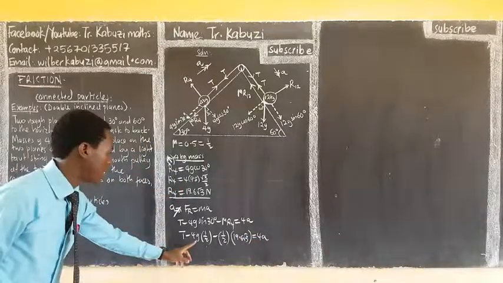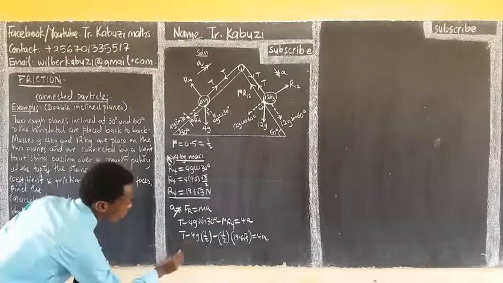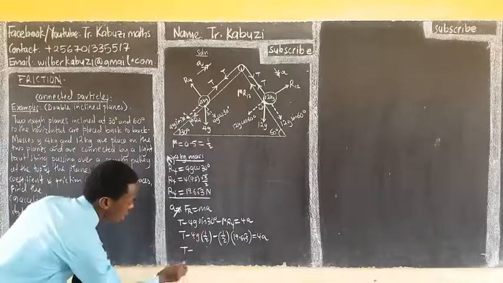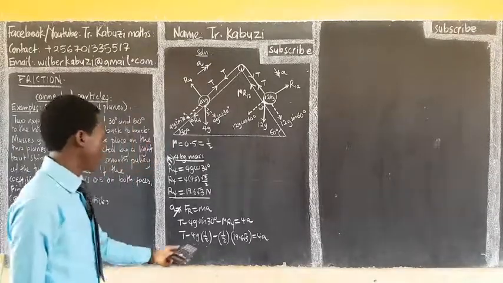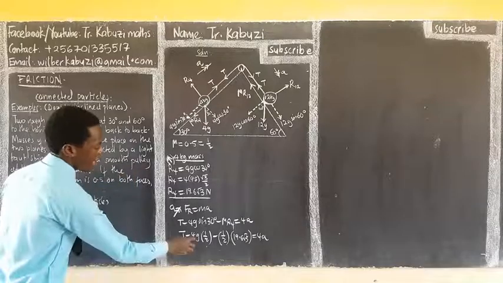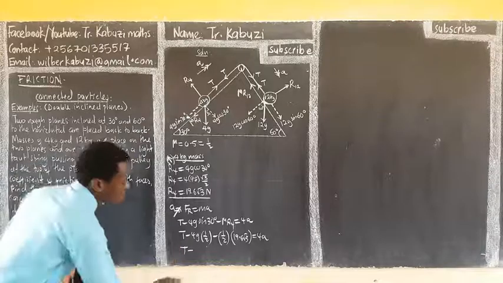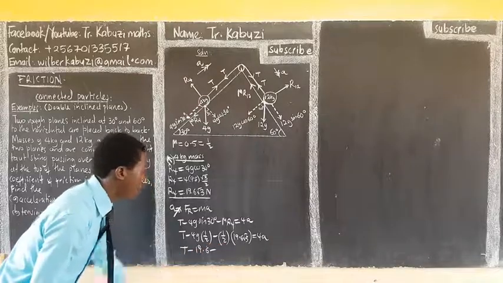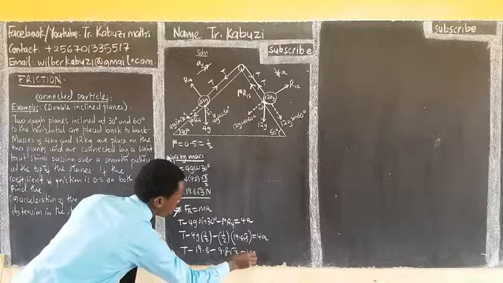When we simplify this, I want to make T the subject, so T is going to be 2 times 9.8, which is 19.6, then minus, when I simplify this, 9.8 root 3, equaling 4a.